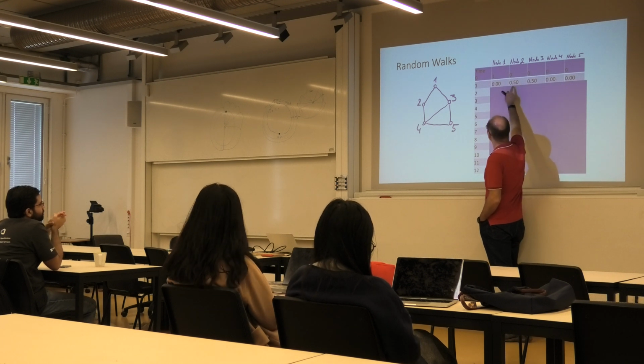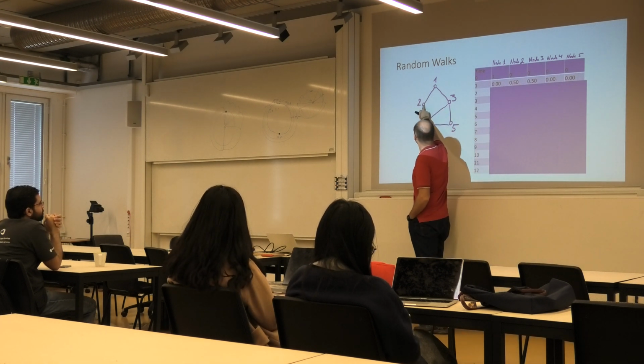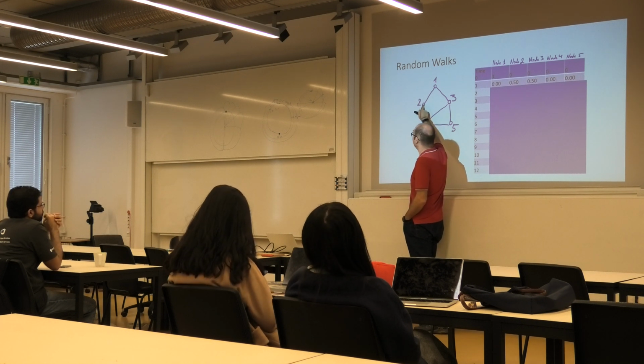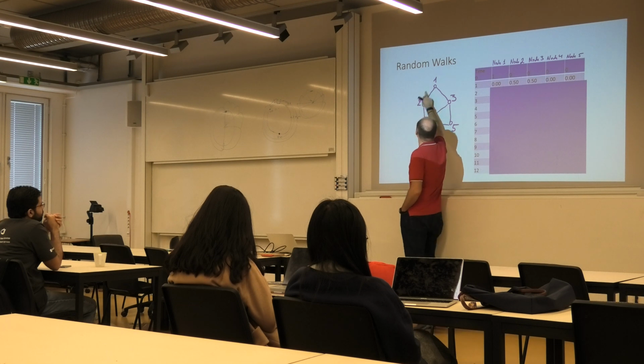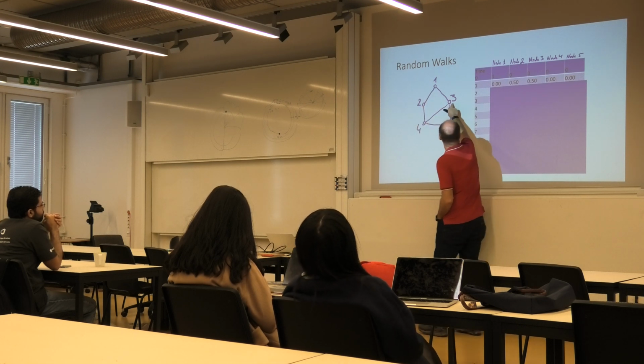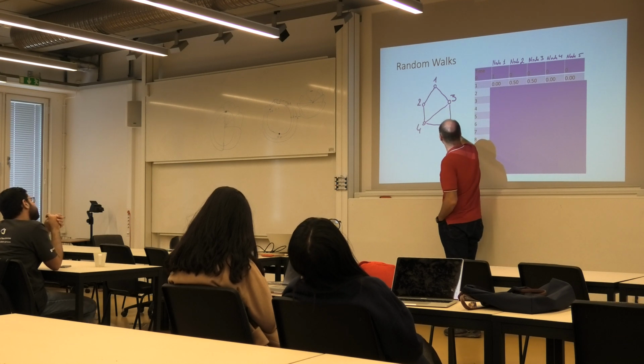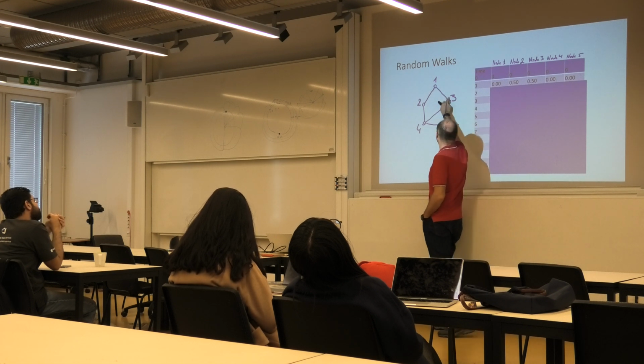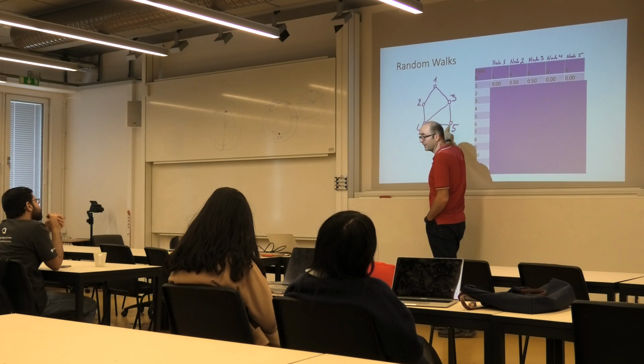We came here with half probability, and then we have to multiply by another half to go here or here, right? And if we're at 3, what will be the probability to go to 5? Here it is half, and then times 1 over 3, right?